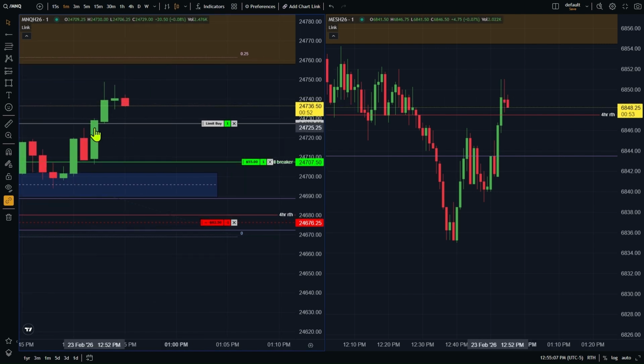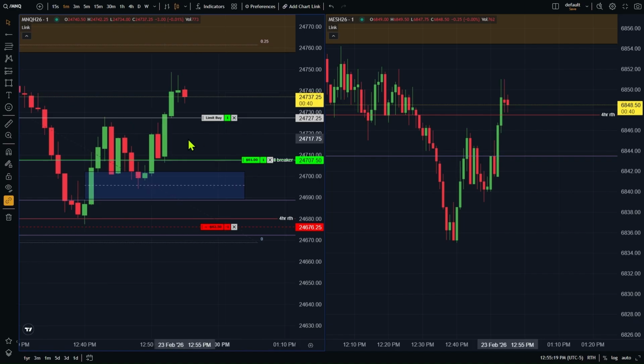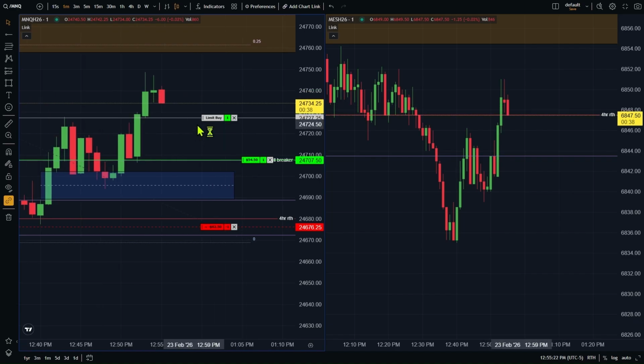So now we have a small fair value gap here, and we also have one here that's forming. Going all the way back down to 27 may not happen, but that's okay. I'm not going to chase it. ES is working its way back down there.